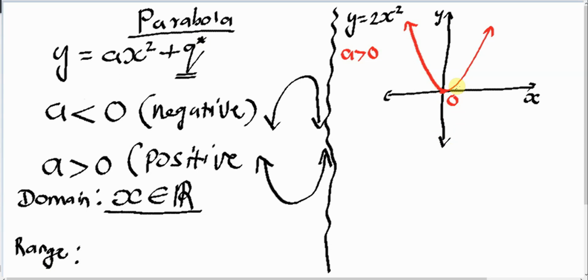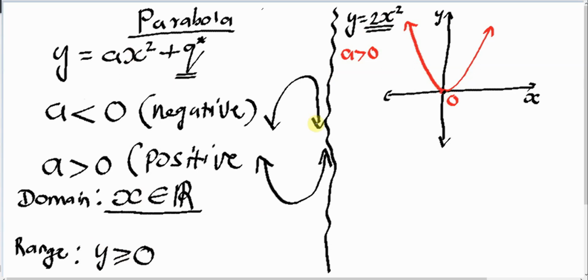So anything below the x-axis, there is no function. So you look at your turning point and then you can identify the range. For this example, I can simply say that the range is y is greater than or equal to 0. The reason I say 0 is because it is turning at that point.